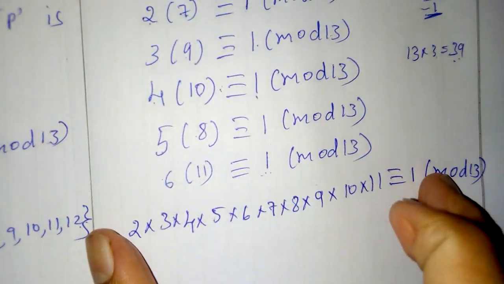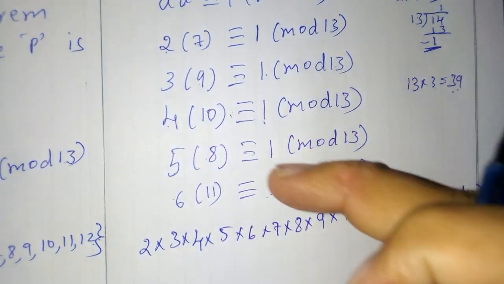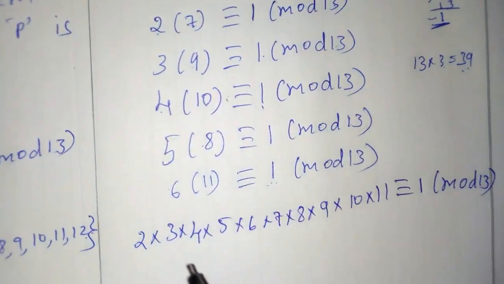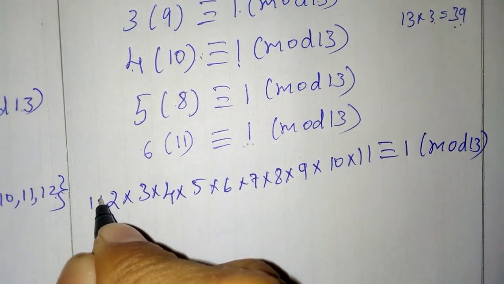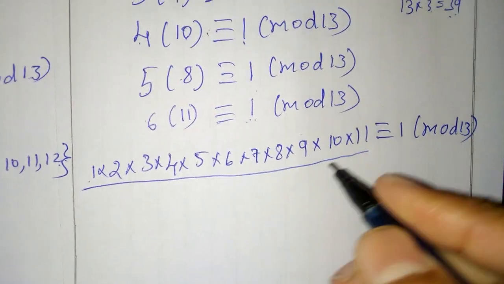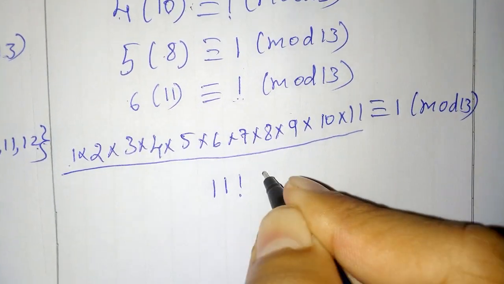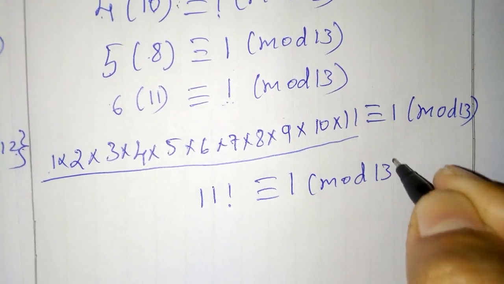This is by the property of congruences: we can multiply all the congruences. If we multiply by 1, there is no change. What does this become? This is 11 factorial and 1 congruent mod 13.